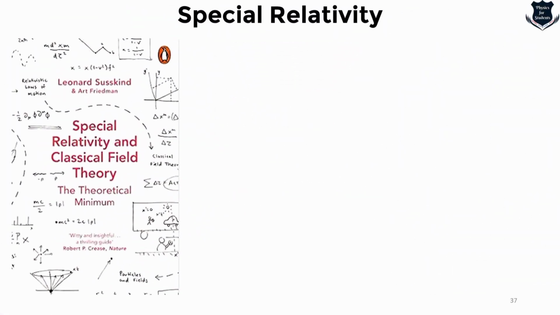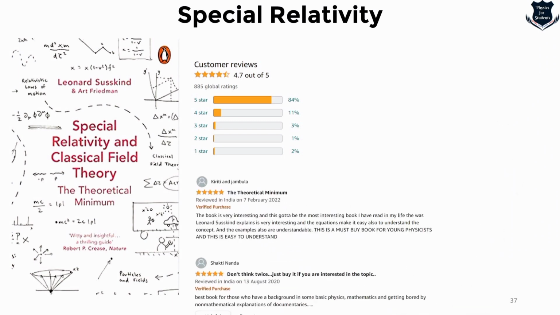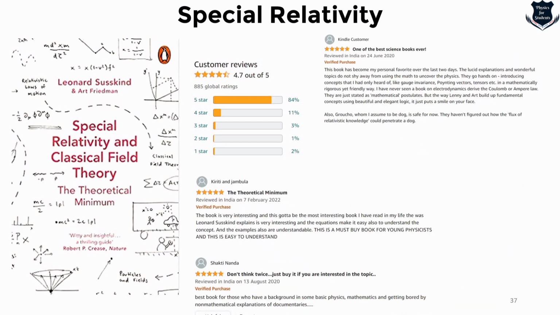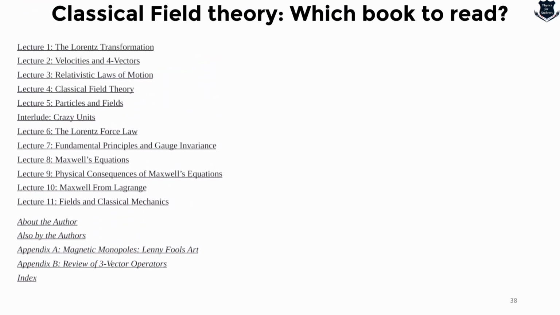The next book would obviously be Special Relativity and Classical Field Theory. I have already shown you the wonderful reviews that have been shared, so obviously this is a must-have book. It's not a very fat book by Professor Susskind, but the important things are these. One, classical field theory, which you need to read very minutely.